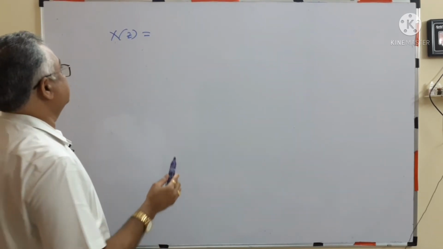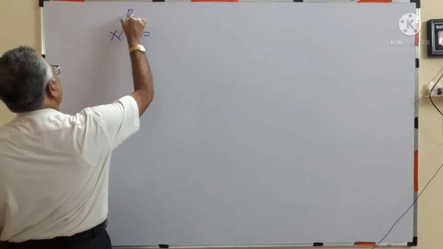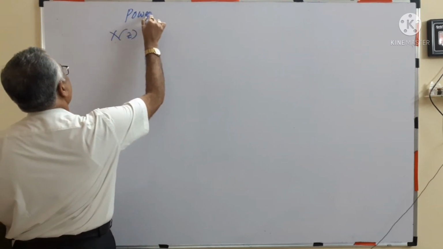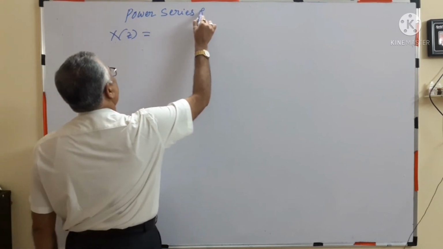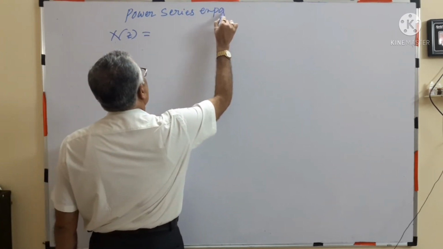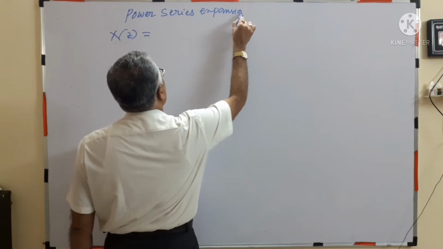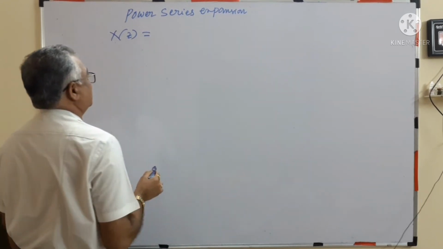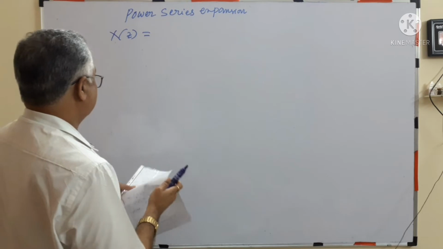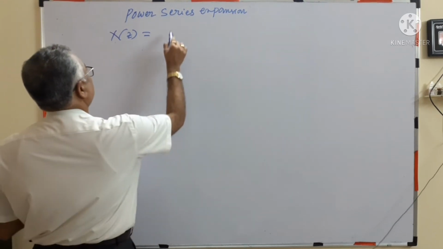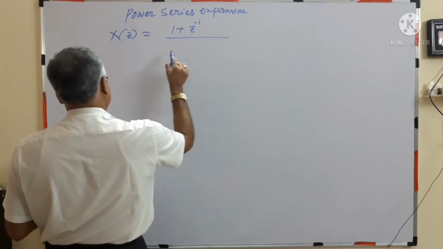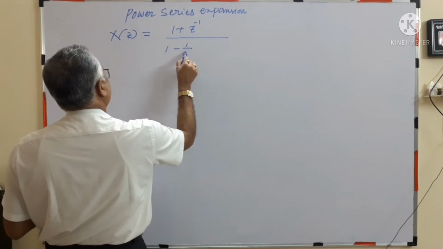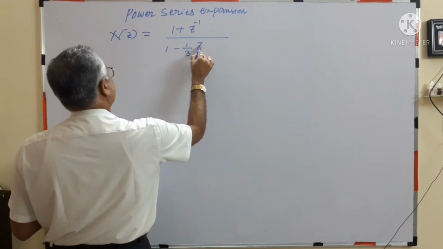Next, power series expansion. So the problem is x of z equal to 1 plus z power minus 1 by 1 minus 1 by 3 z inverse.